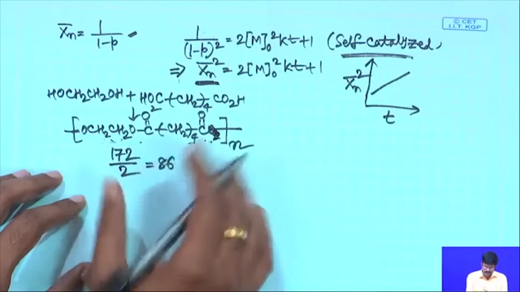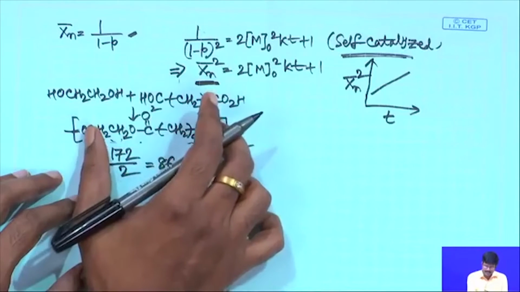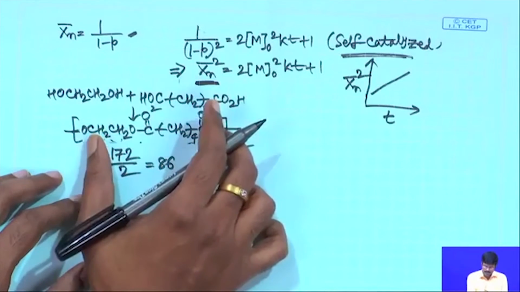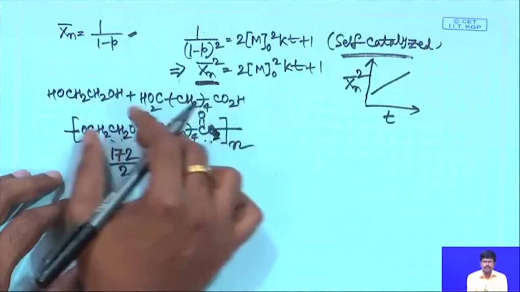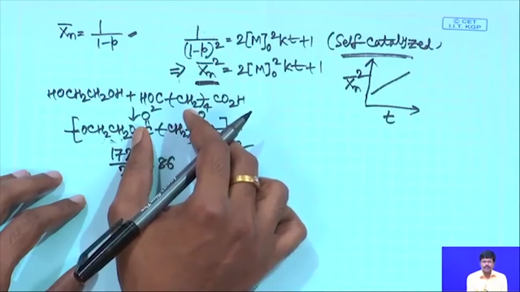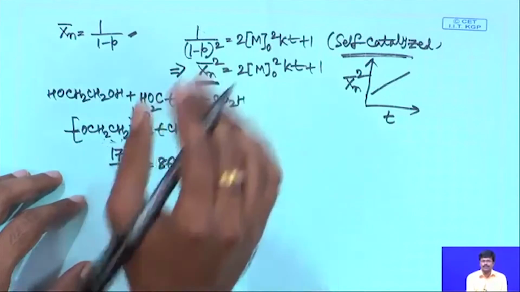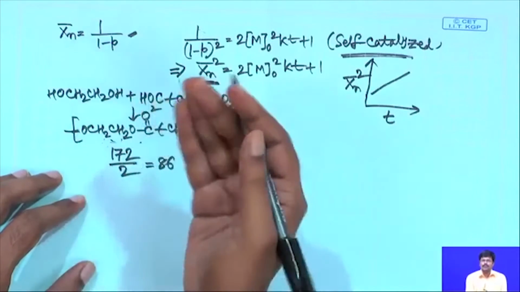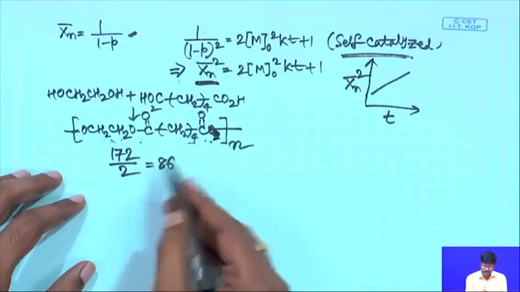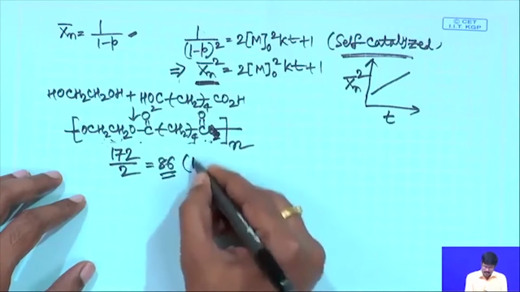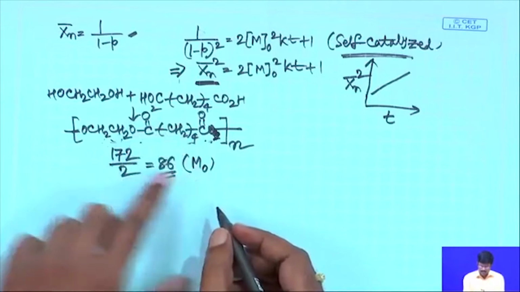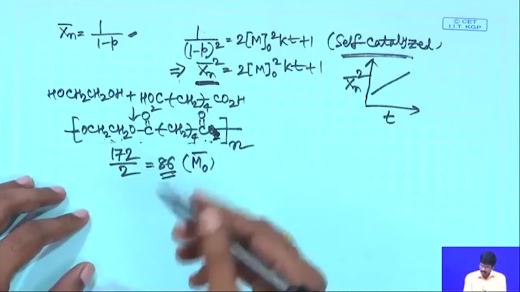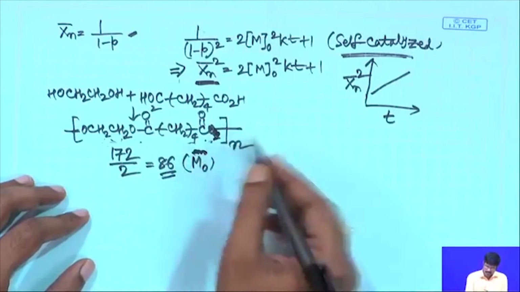Sometimes people will take the total of 172 itself, but the other convention, which is generally more accepted, is that if you have n structural units per repeat unit, then you take the average molecular weight of the structural unit, which means you divide by n. So, in this case you divide by 2. So, 86 you call m 0, the average molecular weight per structural unit.